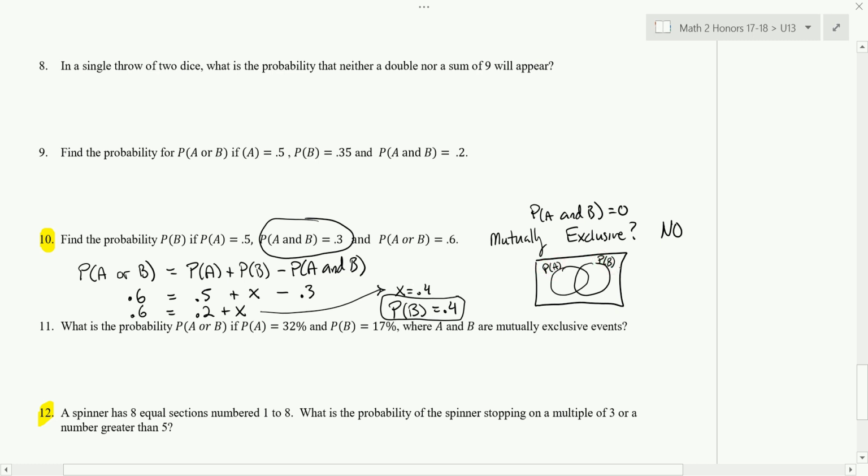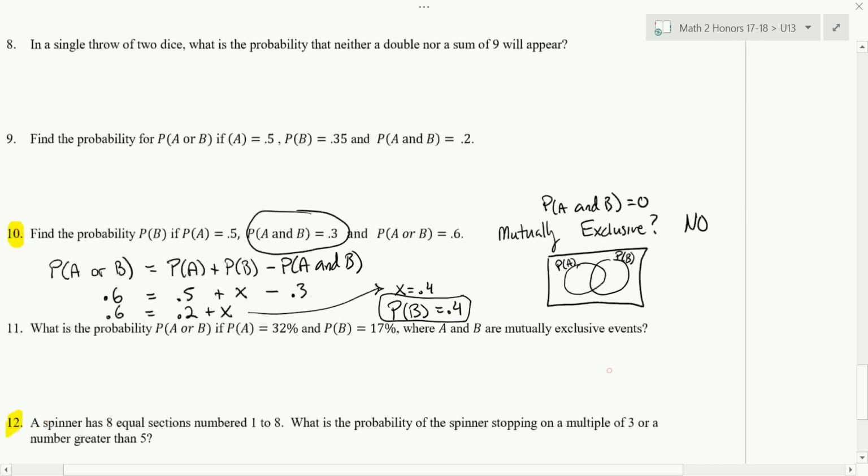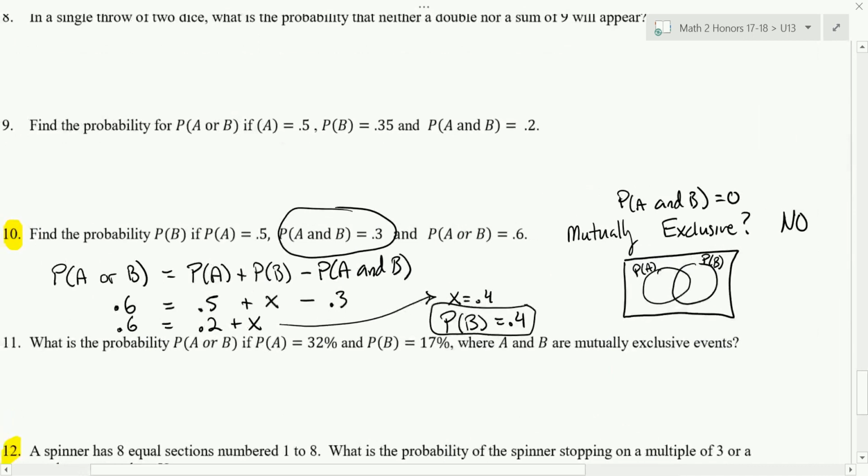And what would go in the intersection? 0.3, because that's the probability of A and B. What would go in the part in circle of probability A, but it's not in the intersection? Well, 0.5 is the total circle. So 0.2, because they should add up to 0.5.